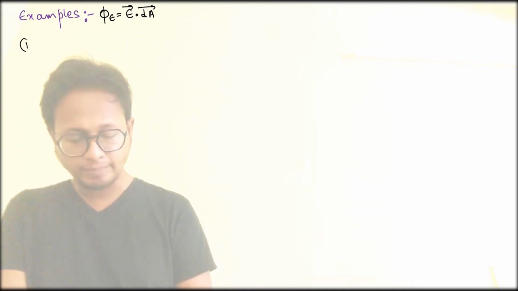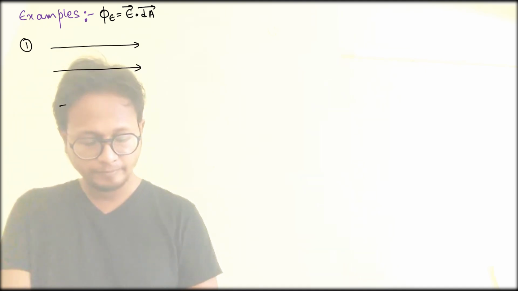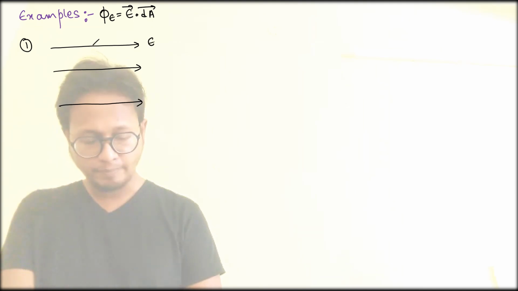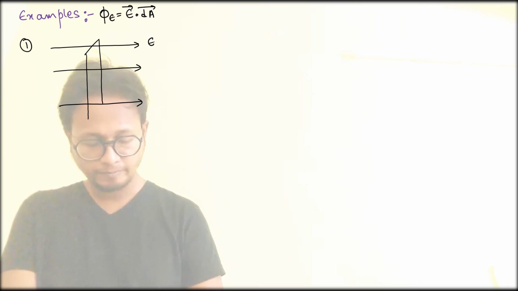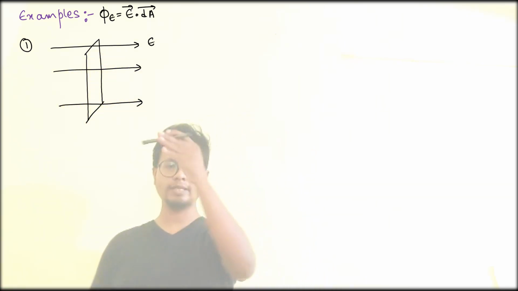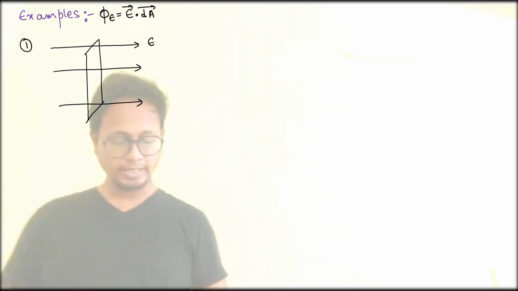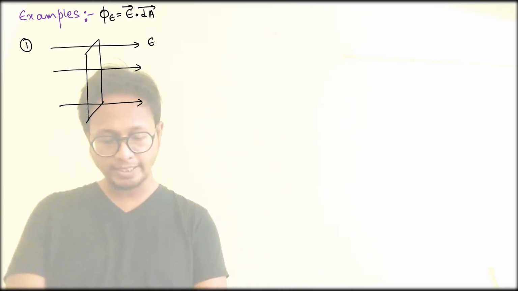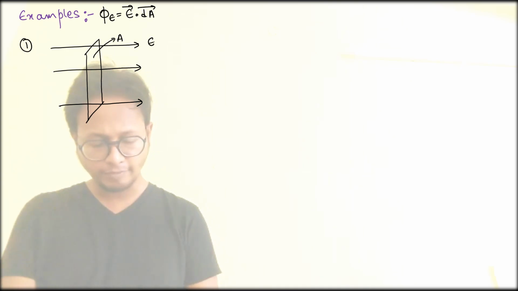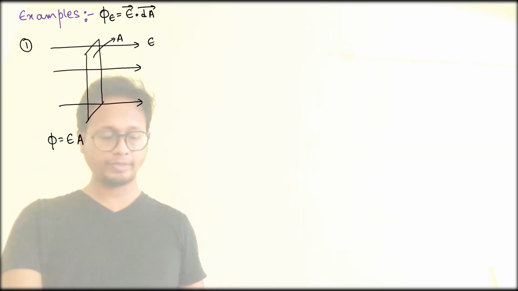So the first example I'm taking is, suppose there is an electric field out here, E. And there is a plane of paper out here. The electric field is in this direction. The plane of paper is in this direction. The area of the plane of paper is A. What is the flux out here? Flux is nothing but E into A.